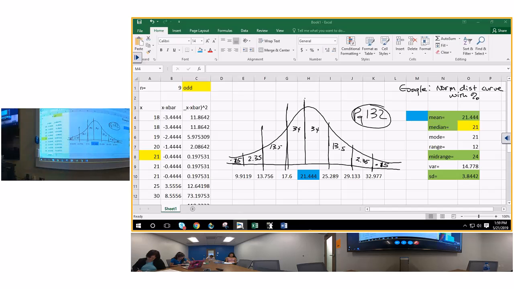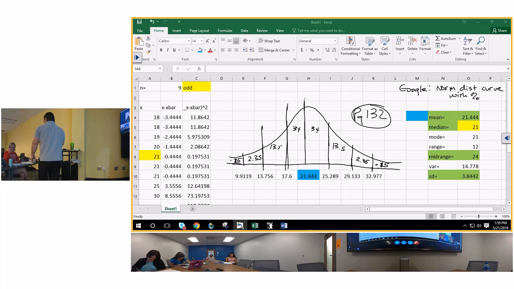So the question, and this is a test question, the question might ask, what's the percentage, or what's the area, or the probability that you are above 25 years old? Well, 13.5 plus 2.5 is 16%, isn't it?